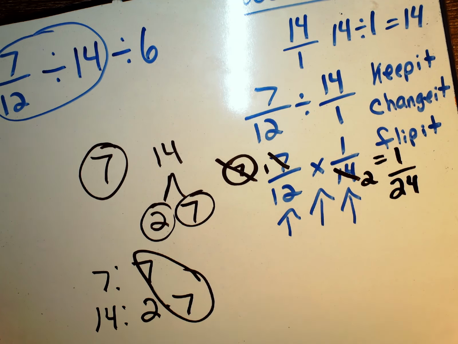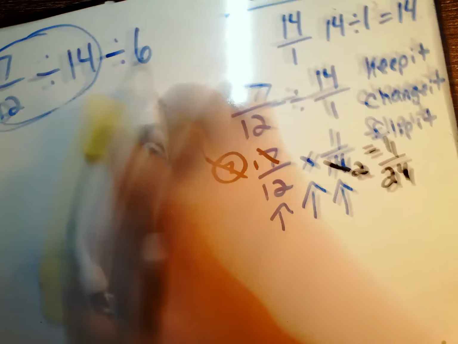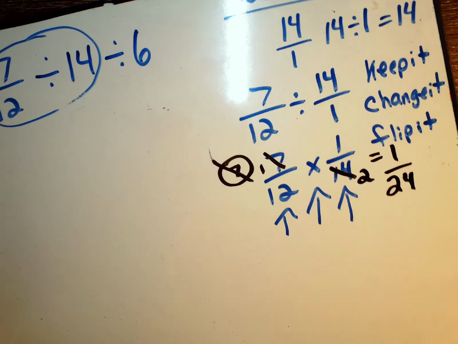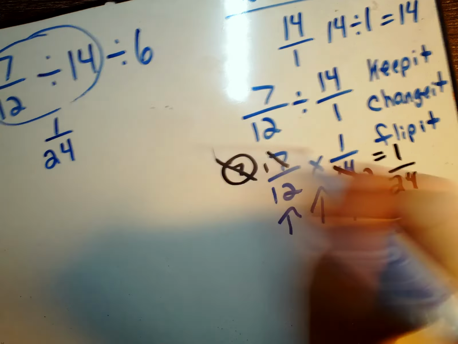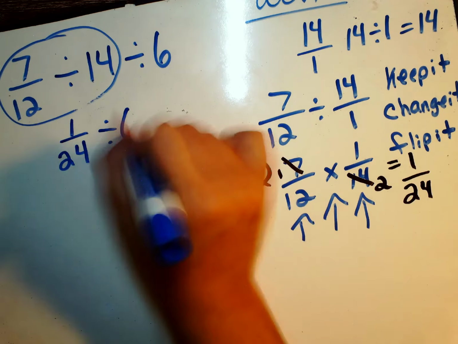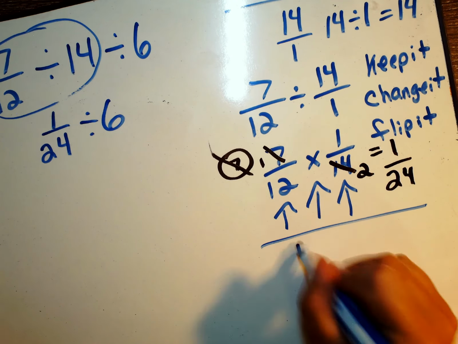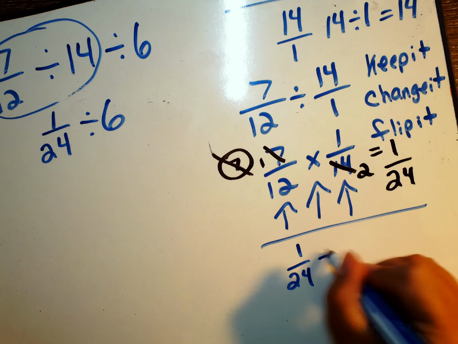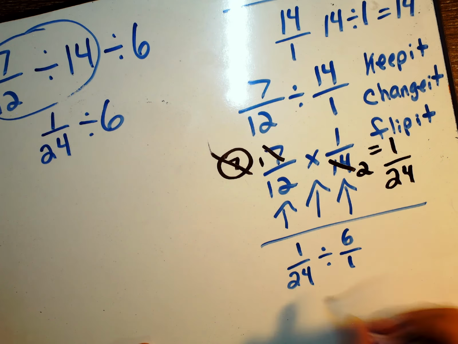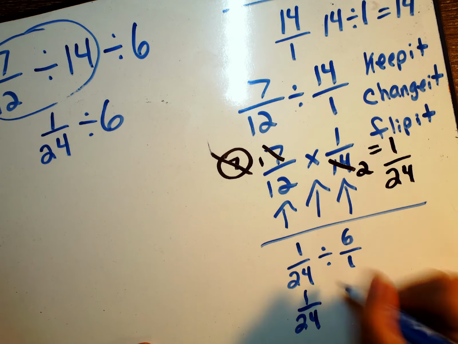All right, so I'm going to erase my greatest common factor, our prime factorization here. And I'm going to write underneath this my 1 over 24 divided by 6. So under here, I'm going to write my next problem, which is 1 over 24 divided by 6 over 1, because that's another whole number. And we're going to keep it. So we kept it the same.